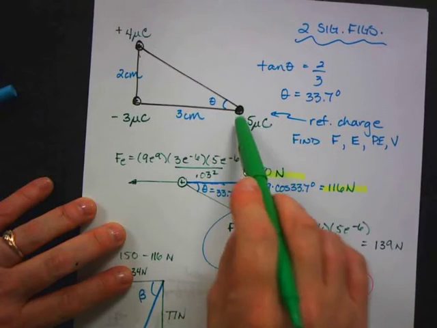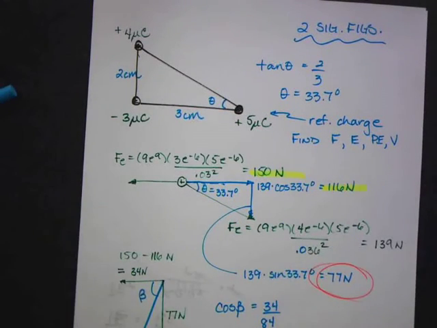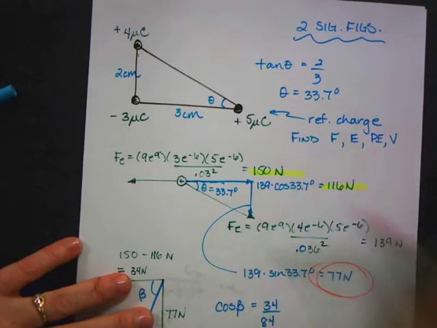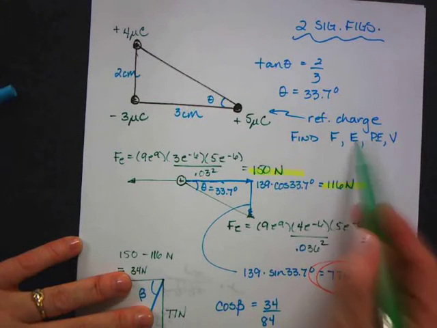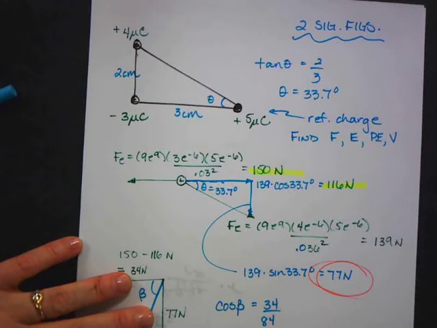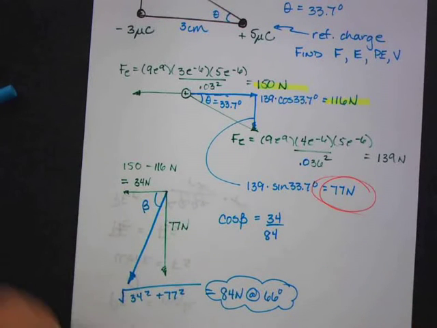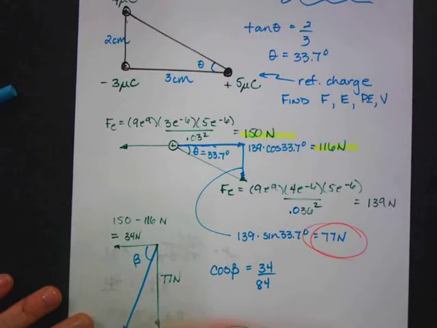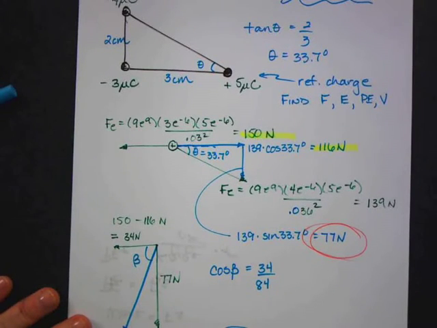All right. So this is finding the force. Now, in this particular problem, and most likely on the test as well, you're going to have the same reference charge. Otherwise, you get to redo this again for each of these other ones. So for electric field, there are 2 ways to solve for it. You can take the electric force and divide by the test charge, or you can do K big Q over R squared.